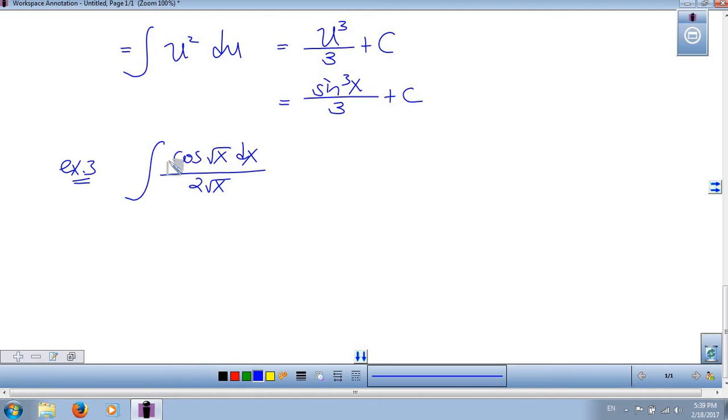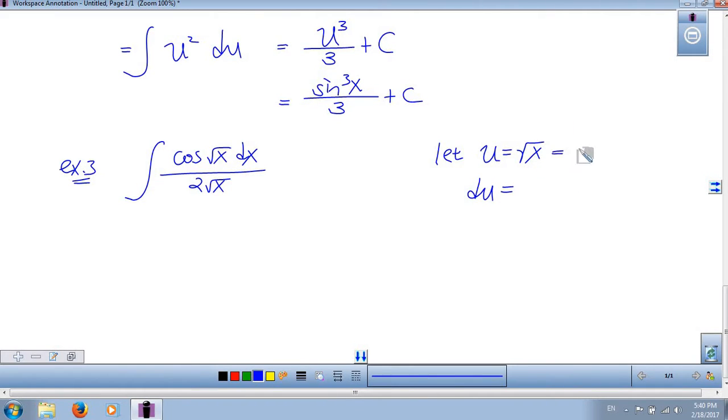Well, if I want my u to be cosine of square root of x, this is actually a composite function. As you can see, the inside function is square root of x, and the outside is cosine. So generally speaking, we would always want to use the inside function first. So let u be equal to square root of x first, and let's see how we can take the derivative of this. What's the derivative of square root of x?